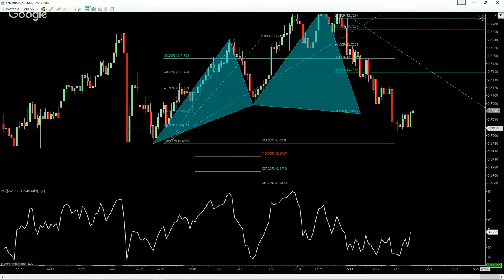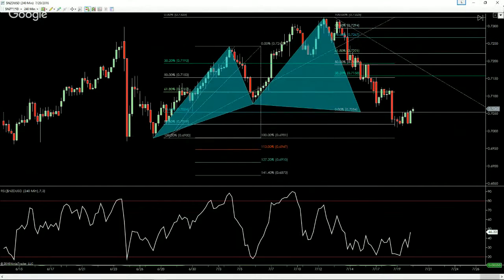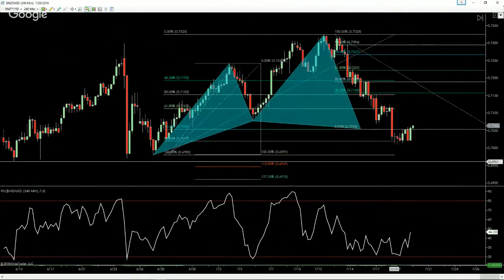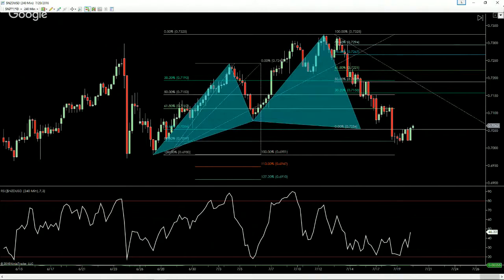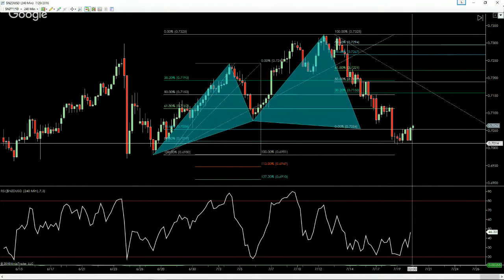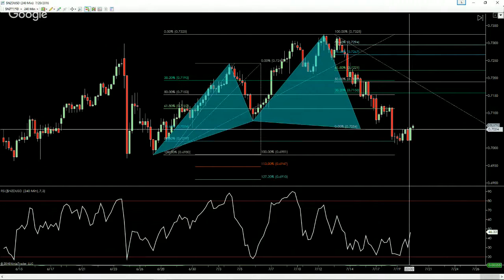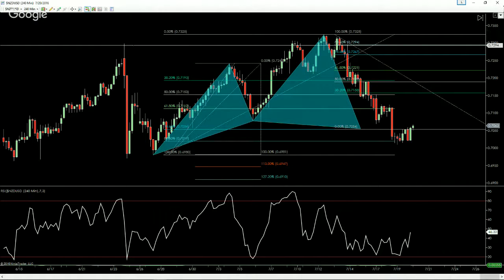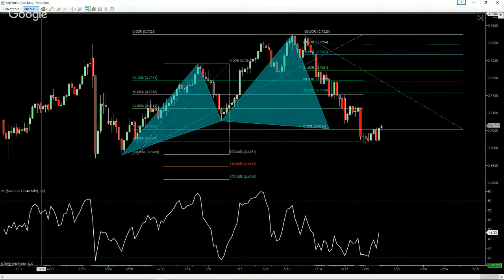So if that is something that you cannot tolerate, or you would not like to tolerate, in the lower time frame, you do have a double bottom right here with divergence, and I think that's also a 2618 if we take a look at it.